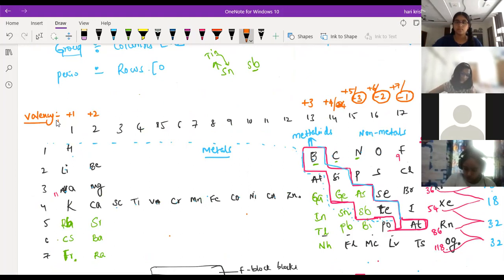The 15th group is +5; 8 - 5 is 3, so it shows -3. The 16th is +6 or -2, and the 17th is +7 or -1.